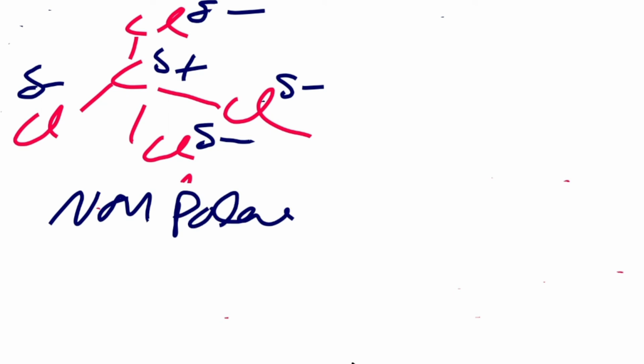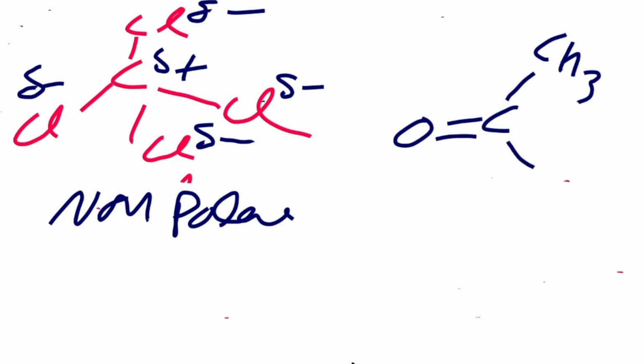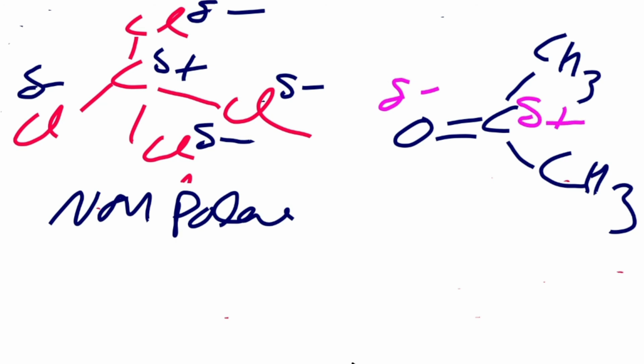Now what we are doing, beta, we are keeping it along with this, that is O negative and C positive, but this is carbonyl group. This is a permanent dipole.